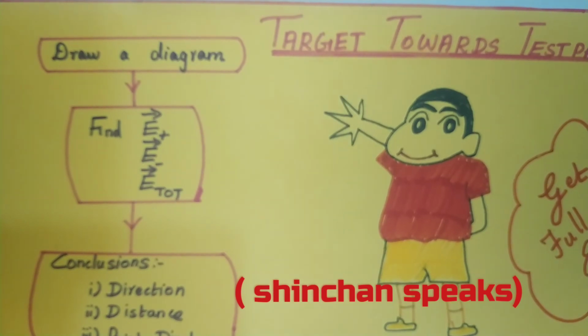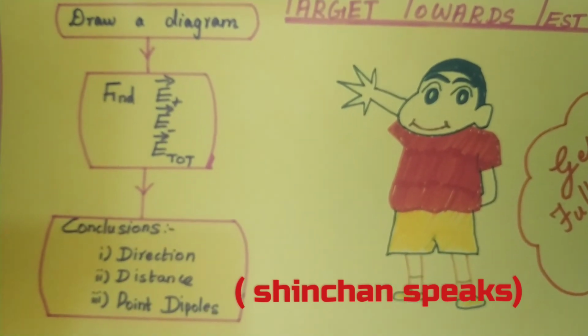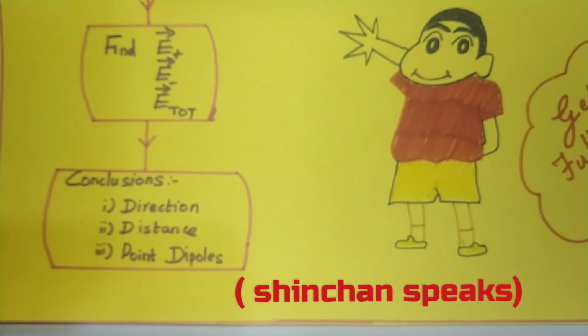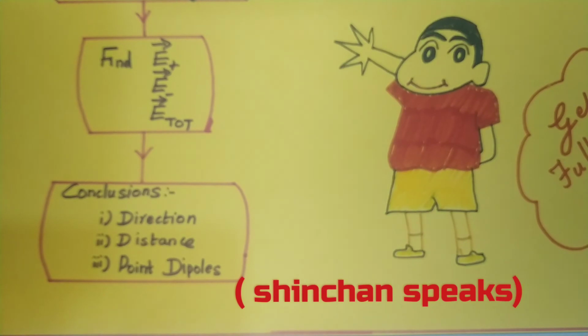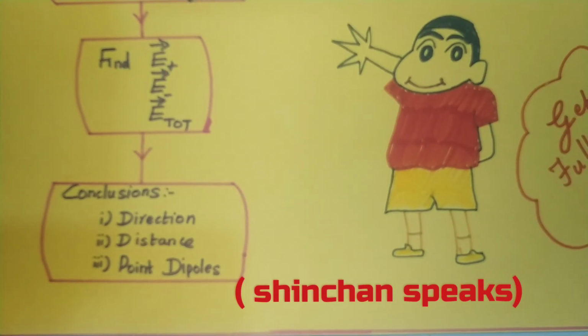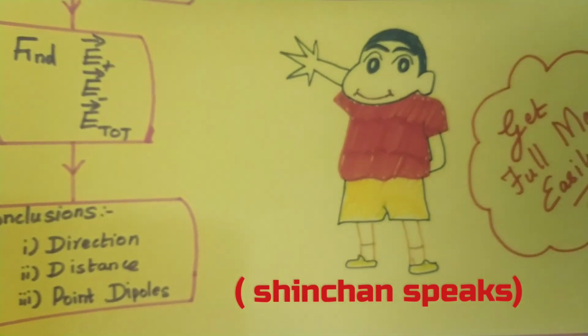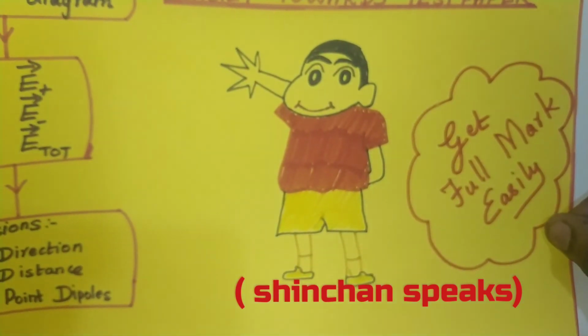Then you find the expression for E plus vector, E minus vector and add both and get E total vector. After finding expression, you discuss conclusions relating directions, distance and point dipoles and get full marks easily.